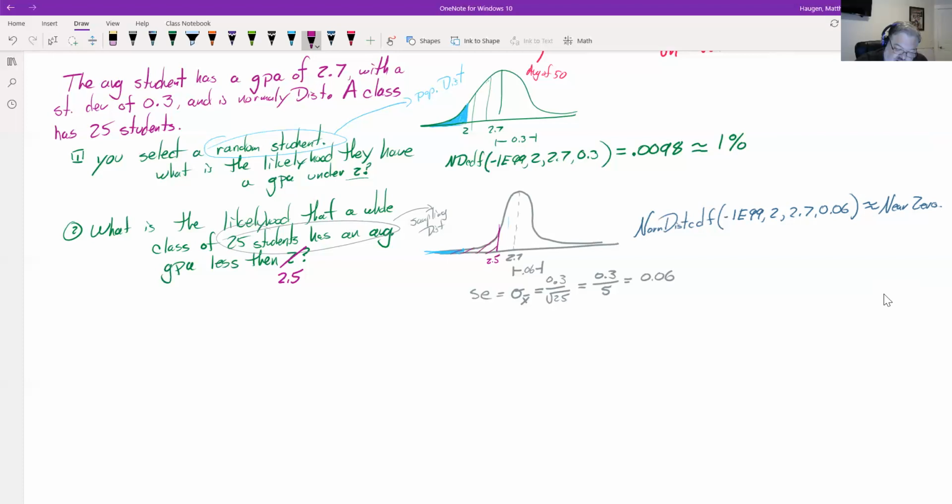Well, the population is the same, right? Nothing changes there. Our standard error is the same. Our standard error is based on our population and the sample size. So looking for that 2.5 doesn't change anything in our standard error. The only thing that's going to change is this value. It's going to change to 2.5.